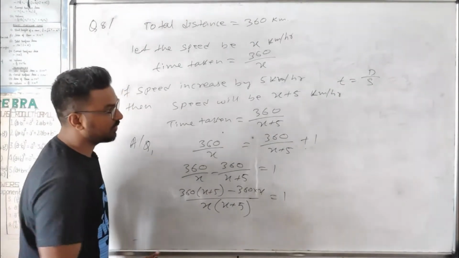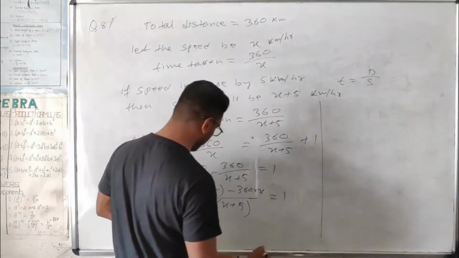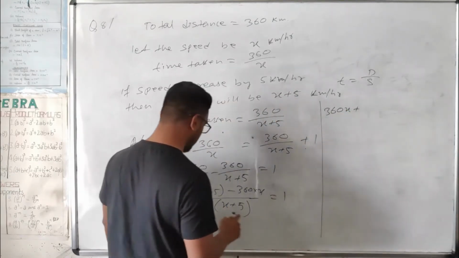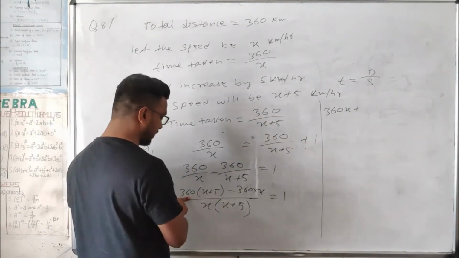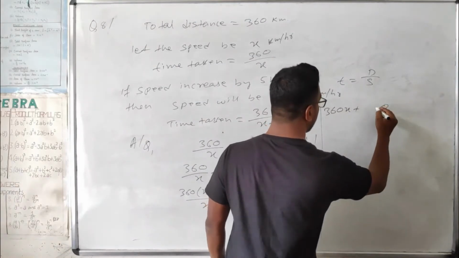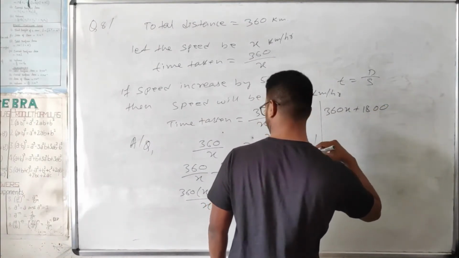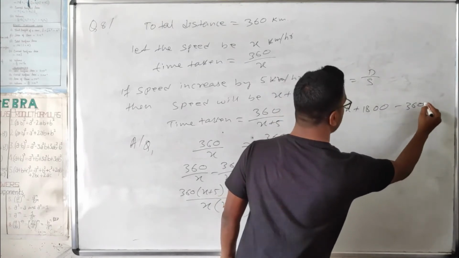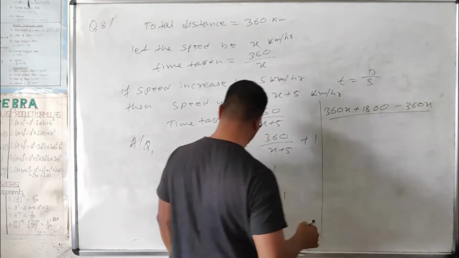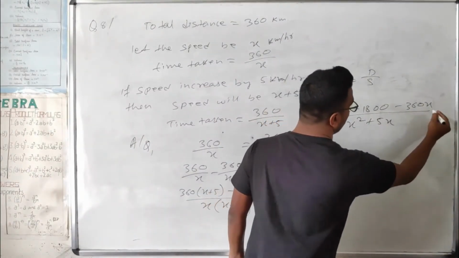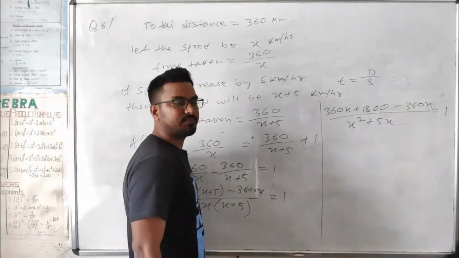If you solve this, you will get 360x plus 1800, minus 360x, by x square plus 5x, and on the right hand side 1 is there.